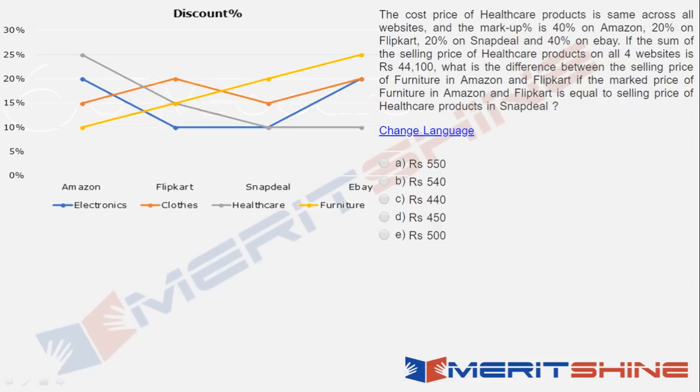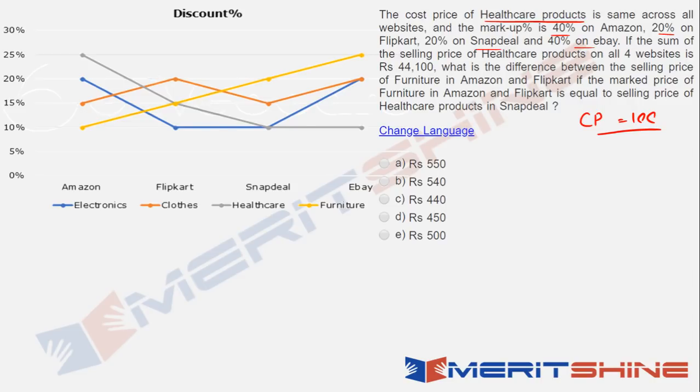The third one in this set then. Now this time it says that the cost price of healthcare products is the same across websites. So let's take that number as 100. So cost price, let's take that as 100 across all these portals for healthcare products. Markup is 40%, 20%, 20%, 40%.